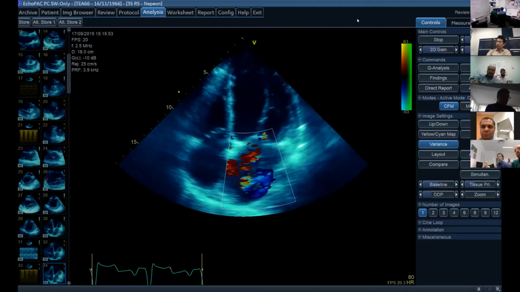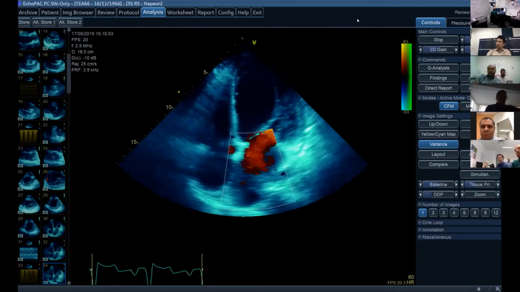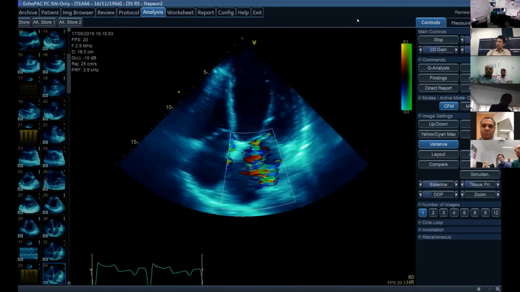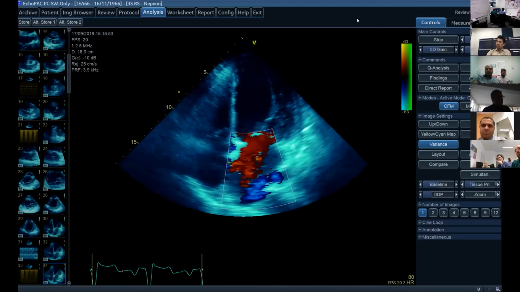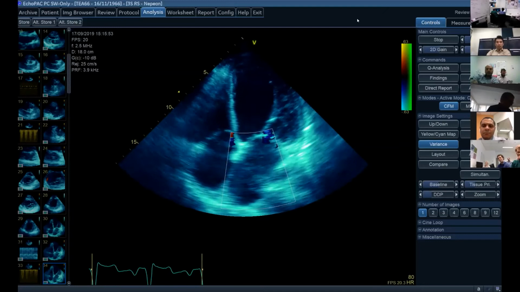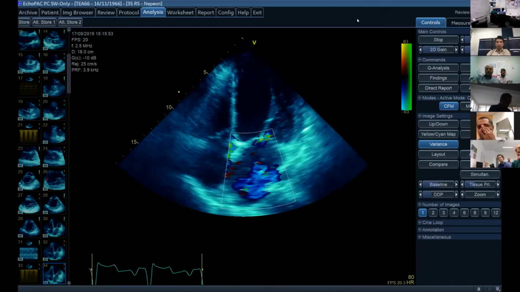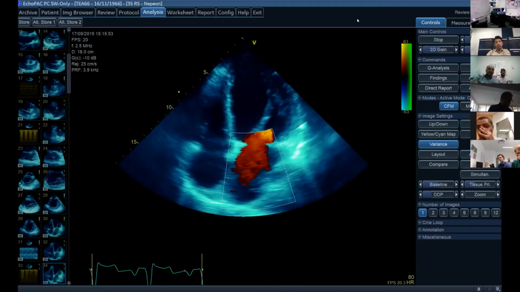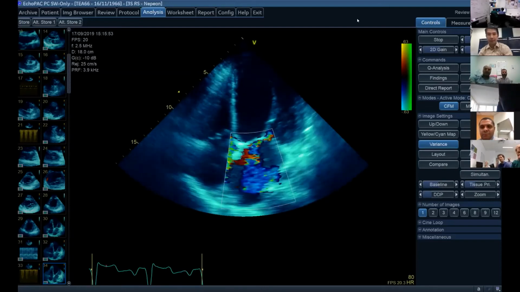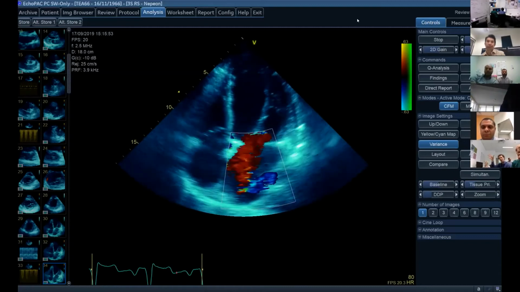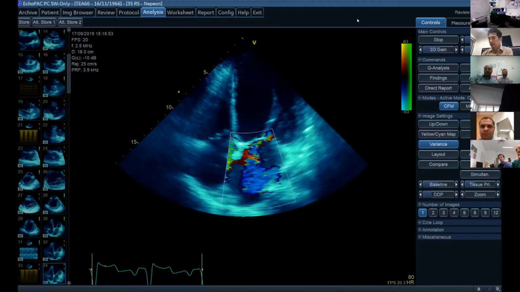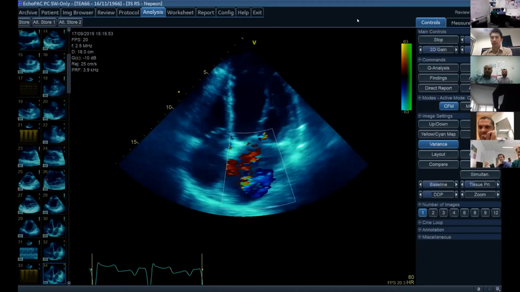Yeah, fantastic. Okay, so what would make you think that the mitral regurgitation was severe on color Doppler? What's your cutoff for saying something is severe with color Doppler? Normally we say about 40%, so if you've got a color Doppler jet that fills 40% of the left atrium, that's associated with severe mitral regurgitation.